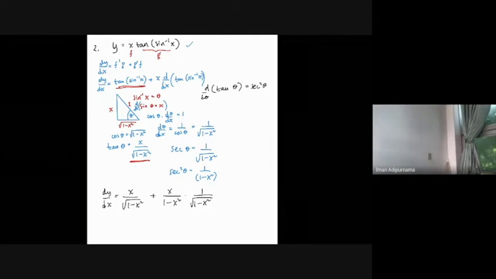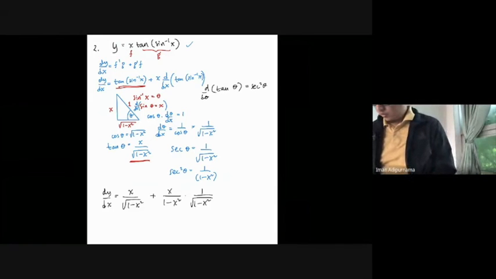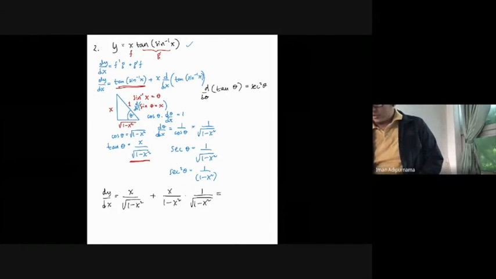I think you can simplify the denominator, and you will get x.